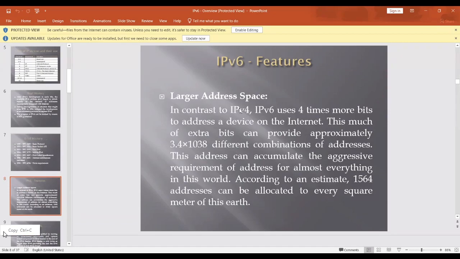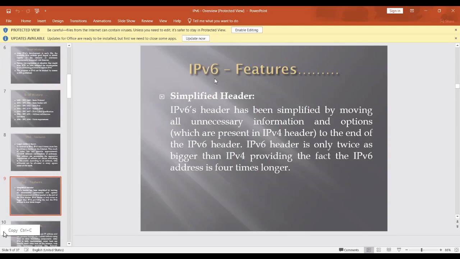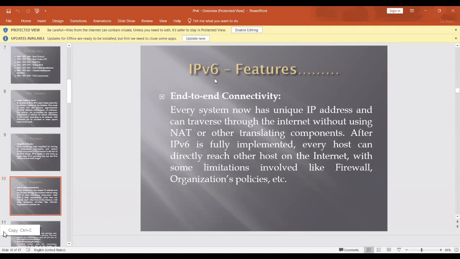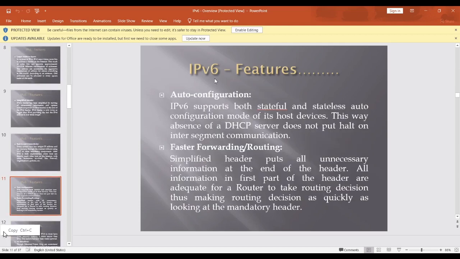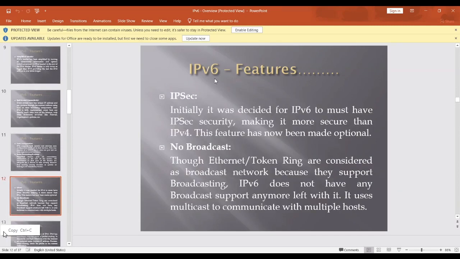The large address space is one of the features of IP version 6, and the simplified header is another feature, as is end-to-end connectivity. So unique addresses can be used by anybody, and there is auto configuration capability, fast forwarding and routing capabilities, IPsec, that is security and encryption ability, and there is no broadcast.